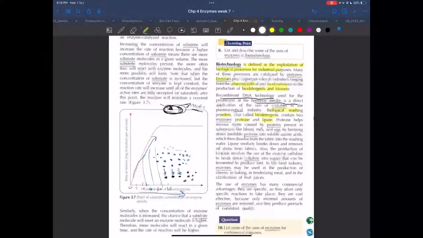Anyone can help me? Okay, protease breaks down proteins, exactly, and lipase breaks down lipids. Perfect.